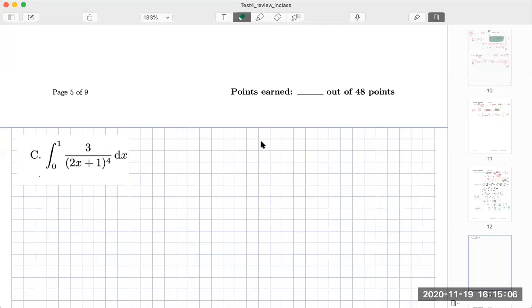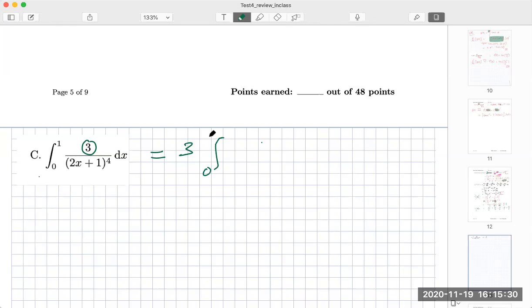We're trying to make it simpler, right? We don't know how to evaluate it, so let us write it this way. The constant, we can take it out of the integral.